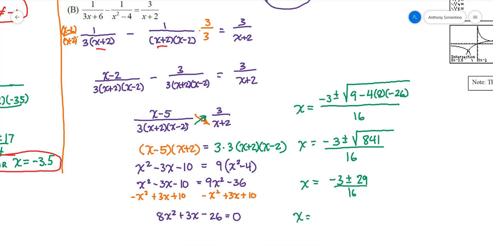So x is going to equal, well, negative 3 plus 29 is going to be a 26 over 16, which would become basically 13 over 8, which is the same thing as 1.625.